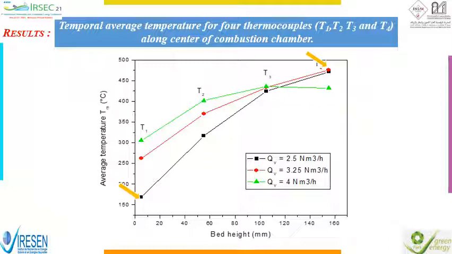This figure also shows that the mean temperatures increase with QV close to the grate, T1 and T2, whereas they remain almost constant at T3 or decrease slightly for T4, far from the bottom of the reactor. This behavior is essentially due to the ignition front propagation and thermocouple positions.